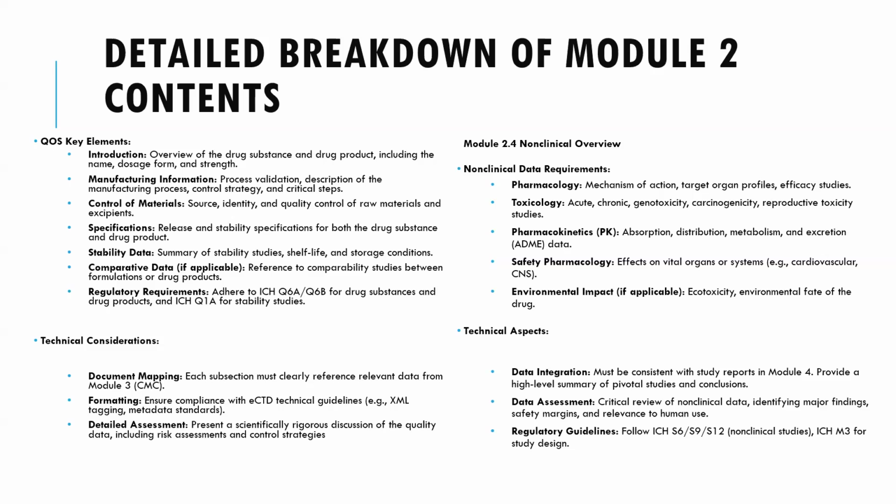Then critical review of non-clinical data needs to be done in order to provide a specific summary, identify major findings, safety margins, and relevance to human use. And lastly, it should follow ICH S6, S9, and S12 non-clinical study guidelines along with ICH M3 for study design. Okay, so this is what all goes in your non-clinical overview 2.4. All the data we are submitting in module 4 needs to be integrated, summarized, assessed in module 2.4.